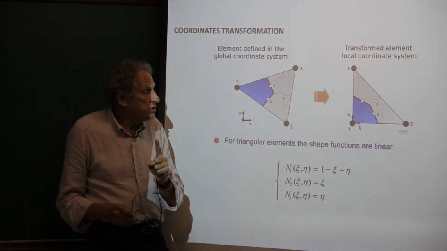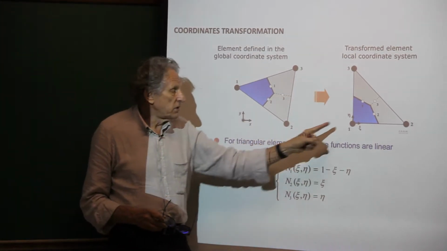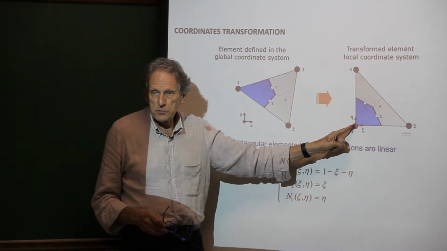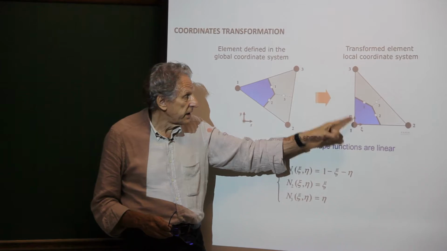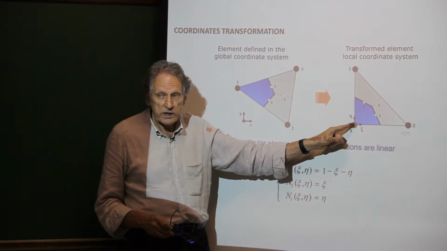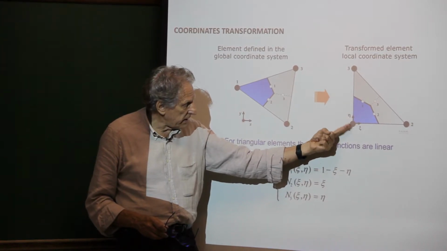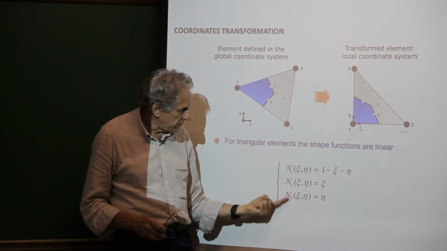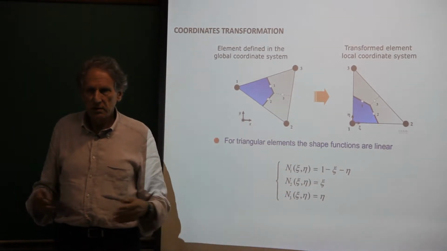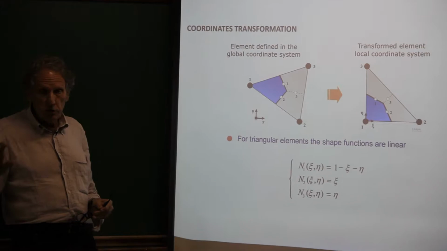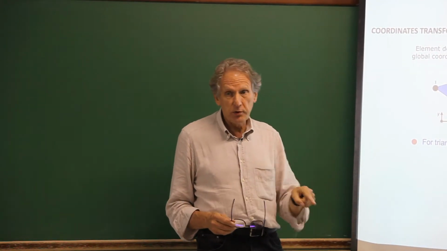Of course, N2 and N3 have no influence on the value at this point. So N2 has to be 0 when calculated here, and N3 has to be 0 when calculated here. So at this point, eta and xi are 0, so N2 is 0, N3 is 0 here. It's obvious. The other 2 points don't influence the value which is established for point 1.